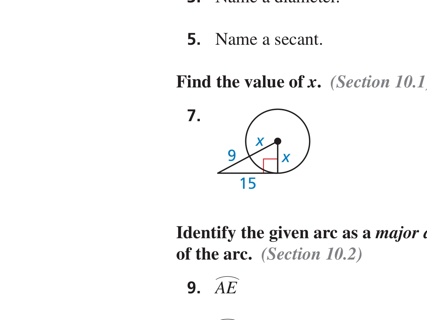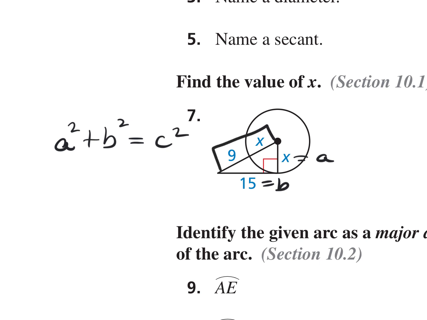So in order to do a question like this, we have to plug these numbers into the Pythagorean theorem. So notice it is a right triangle. So we're going to be plugging it into a squared plus b squared equals c squared. This is A, this is B, and then remember C is composed of the x plus 9. So this is your C value.